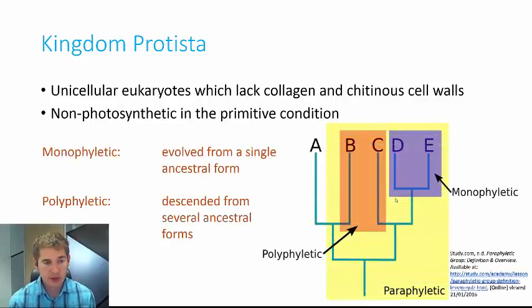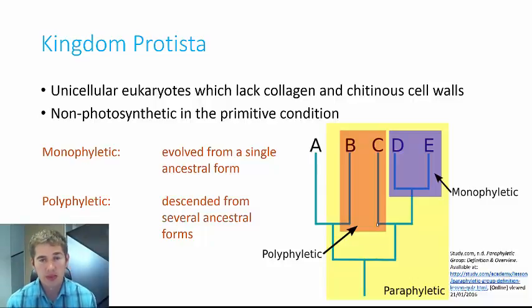So kingdom Protista is generally thought of as a polyphyletic group. There's two different general classes of groups, as you can see on this diagram. So this purple box on the right is an example of a monophyletic group. So D and E both share the same ancestral form, so they have a common ancestor. Meanwhile, with the polyphyletic group, you have B and C. They have different common ancestors.